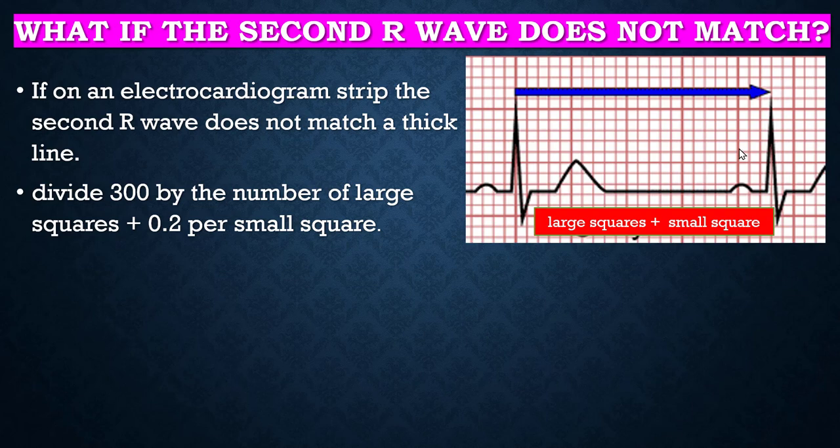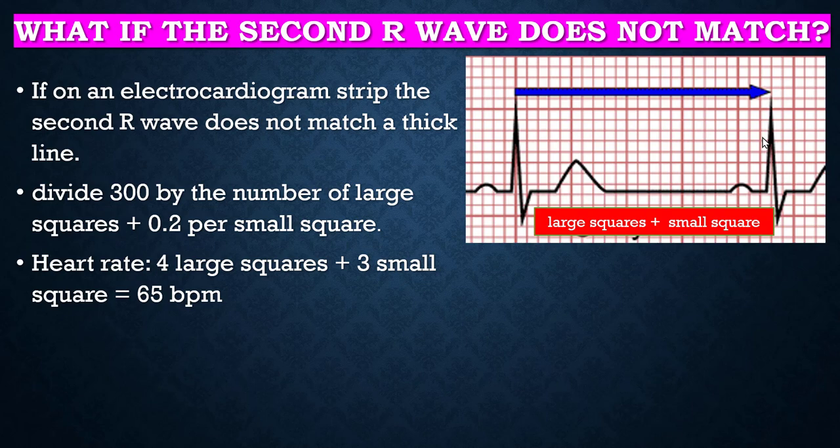Divide 300 by the number of large squares plus 0.2 per small square. So 0.2 is for 1 small square. Here after the heavier line there are 3 small squares, 1, 2 and 3.